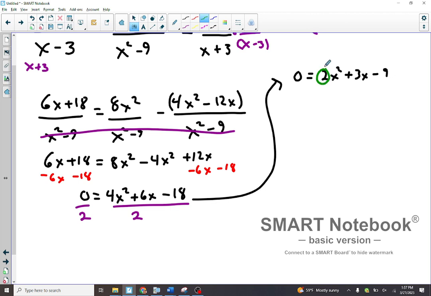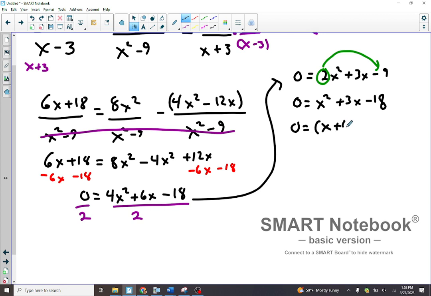Now I have to slide and divide. So I take the 2, bring it to the negative 9, minus 18. Then things that multiply to negative 18 and add to 3.